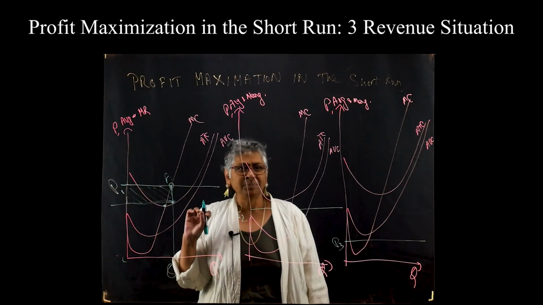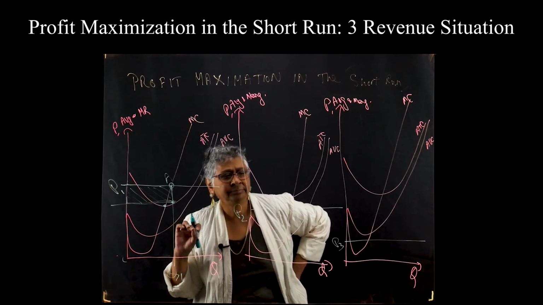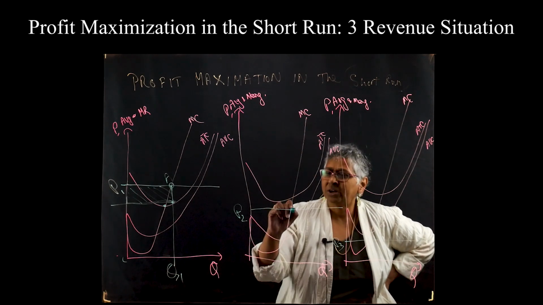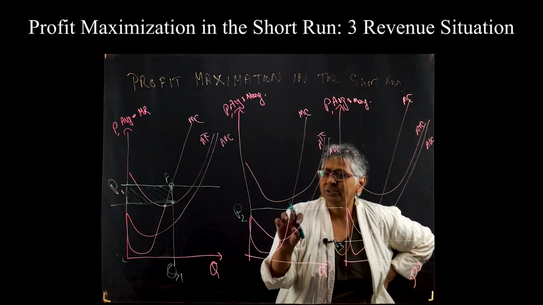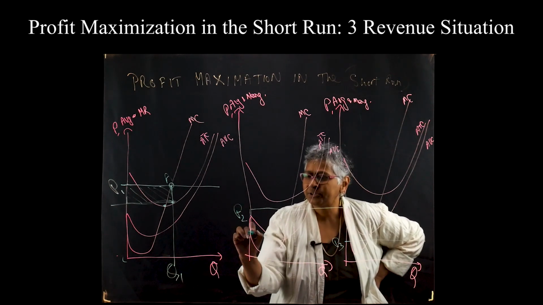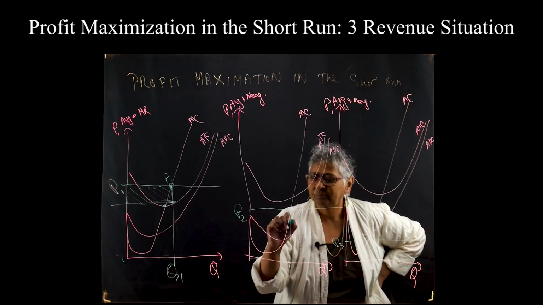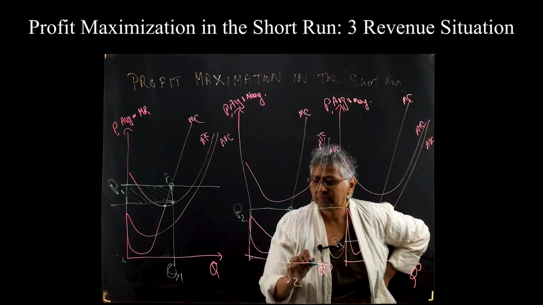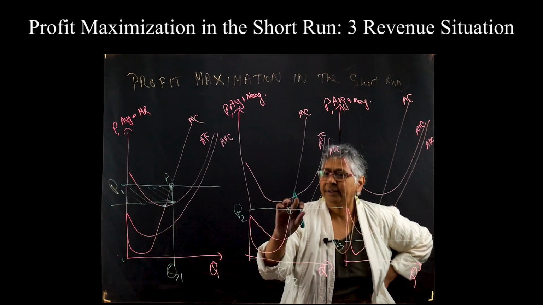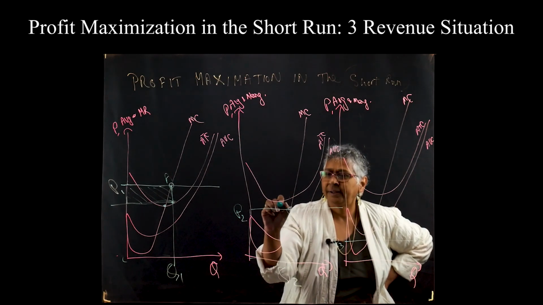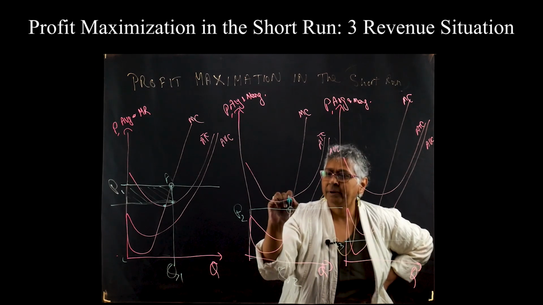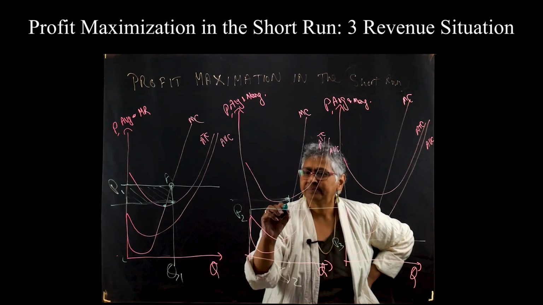Good. Easy peasy. What about here? Well, let's take a look. Marginal revenue, marginal cost. Theoretically, you should produce here. But take a look at this. This box is my revenue. Up here is my cost.